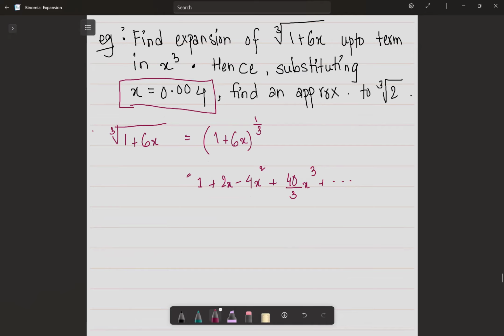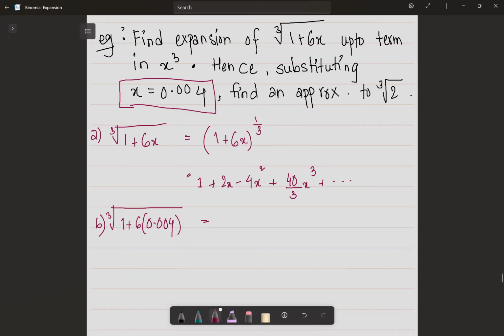So we will apply that in the value of x. We know that if we want to put this value, we have to put it in both the left and the right side of the expansions. So on the left side, we have (1 plus 6x) to the power 1 by 3, or simply this. So here we are going to put 1 plus 6 in place of x, 0.004.